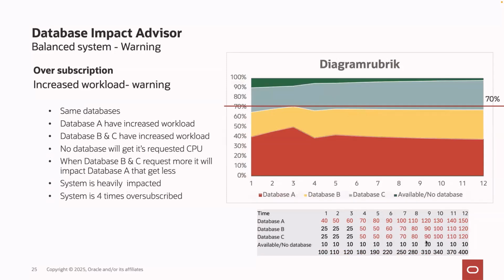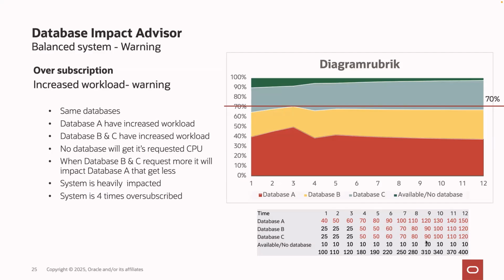If we're looking at the same situation, the first database is still trying to use the 150% that it asked for. But now database B and C are also increasing their workload. As long as database B and C are not increasing their workload, then database A will increase.